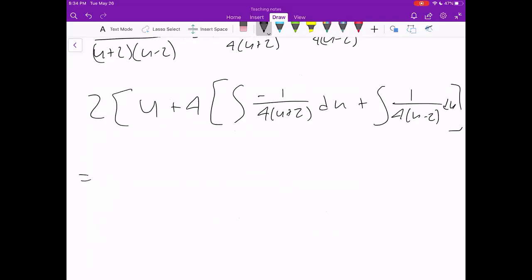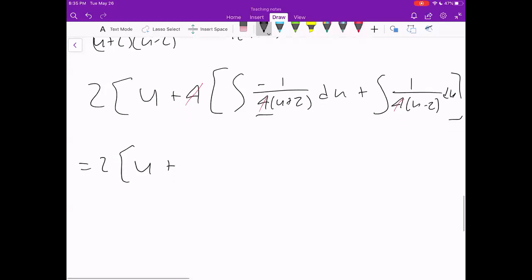All right, so this is going to be 2 times u. I can factor the 4 out from each of those two integrals I have left, and that cancels with the 4 here. This is a minus because the first integral has a negative sign.